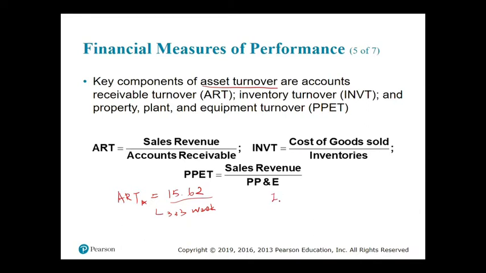Inventory turnover for Amazon was about 7.31 times, and the PPET was about 6.8 times.